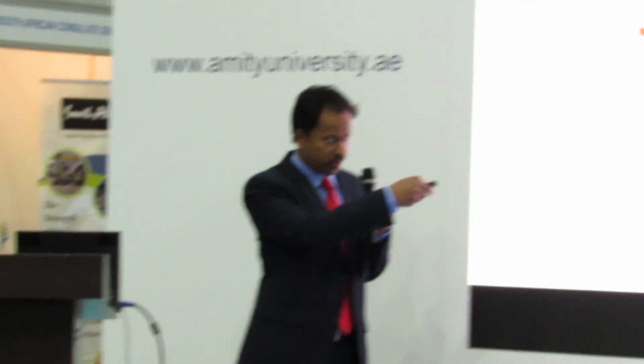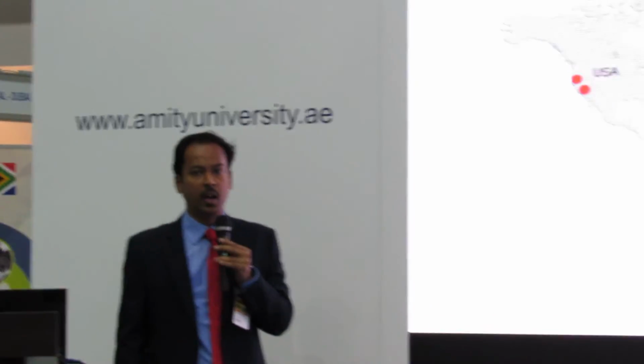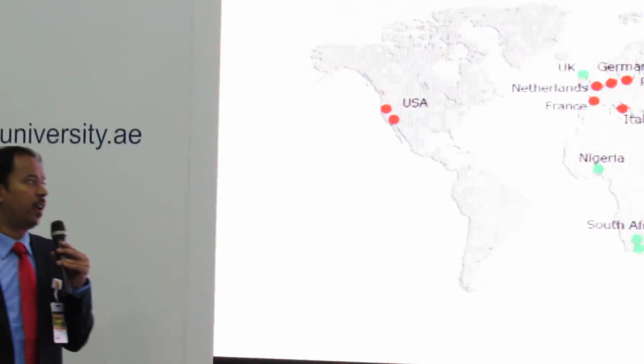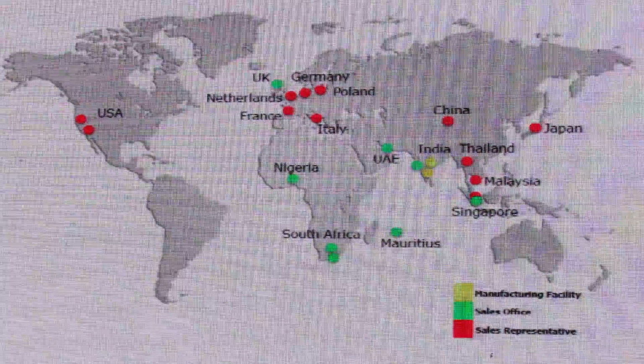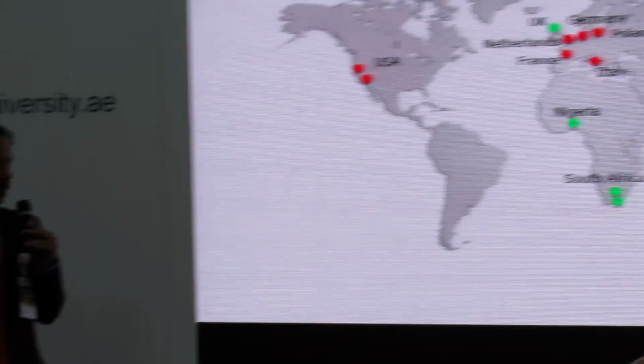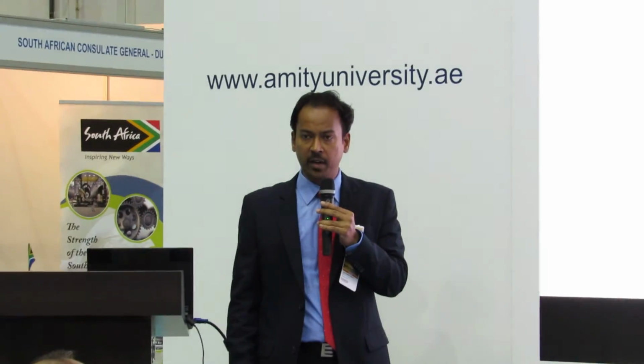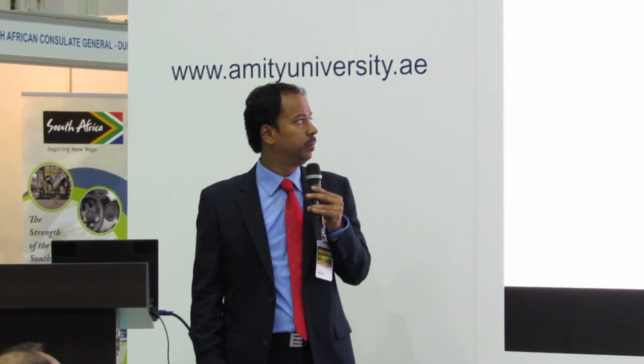As you could see, the index represents the manufacturing facilities of ours in Bangalore as well as in Hyderabad. At Bangalore, we have our EVA and backsheet manufacturing unit, and in Hyderabad we have our cell manufacturing unit. And of course, we have our sales offices. One of that is Dubai, where I operate from.